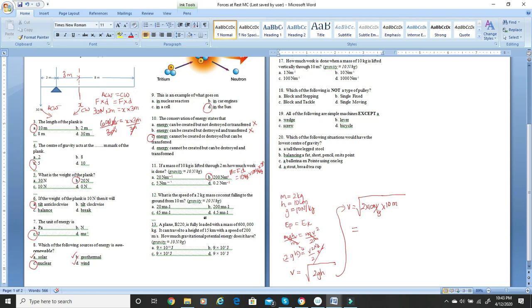It is not there. I did not put the correct one. It's supposed to be D, by the way. It's supposed to be, let me see, root 2 times gravity times height. Yep. And you should get 200 in here.